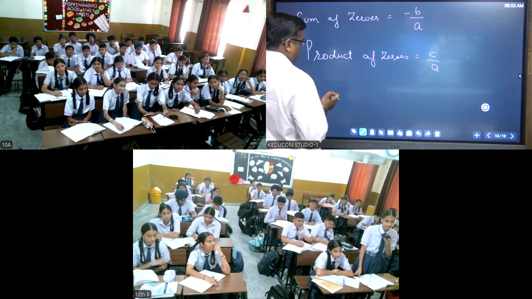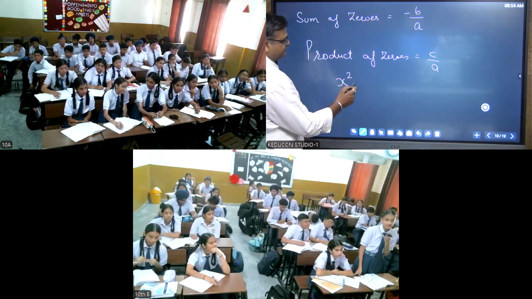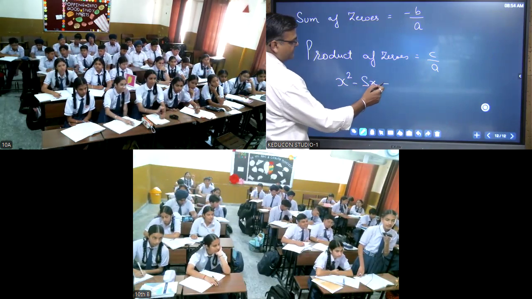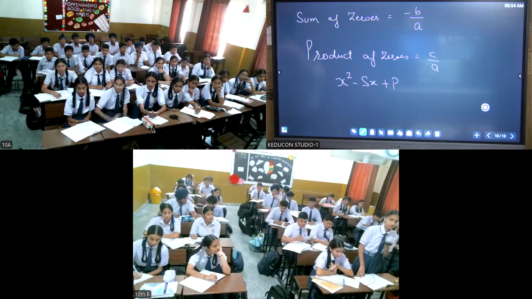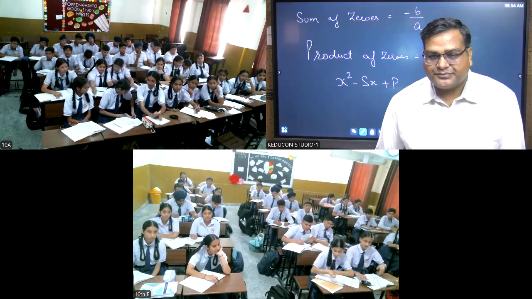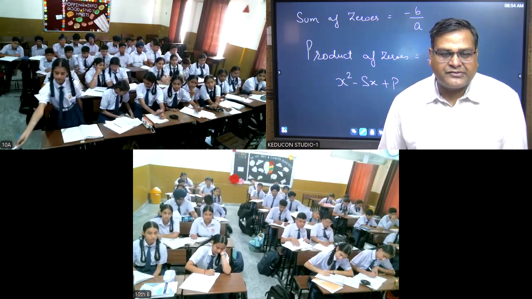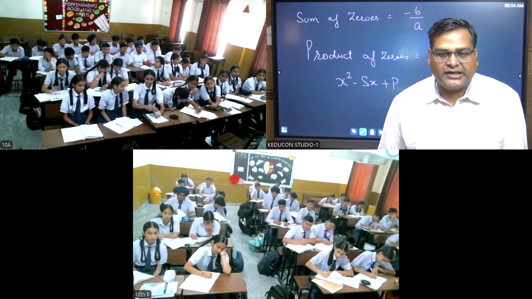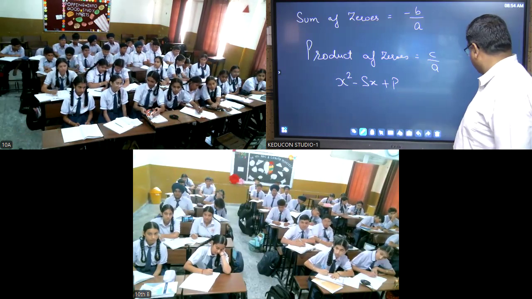What is that formula? x square minus sum of zeros multiplied by x plus product of zeros. Right? Please sit down. Very good. So this is the formula for finding the quadratic polynomial if the sum and product of the zeros is given. Now, have you drawn the graphs also, students?